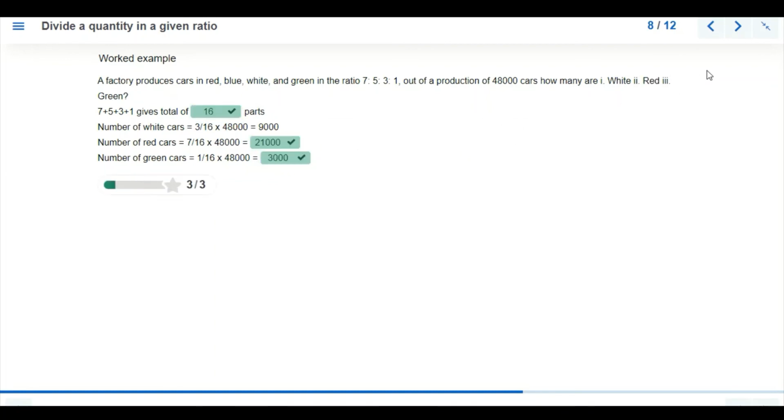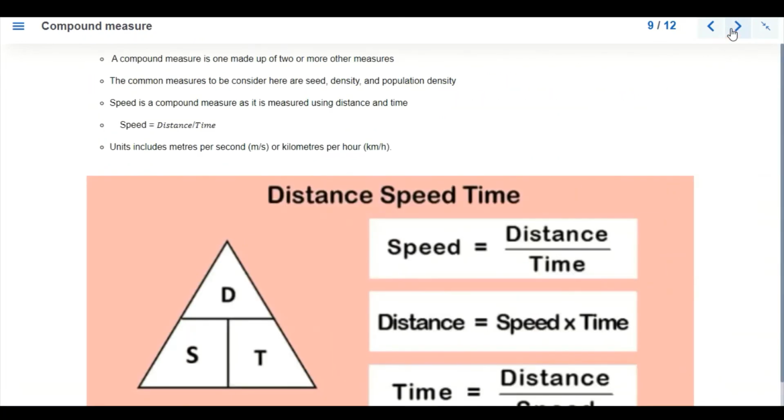So let's check. Now that leads us to the next topic, which is compound measure. Under this, we want to look at the ratios we can use, and the proportions also that we can use under measures. Sometimes you can consider some common measures, like speed, density, and population density as well.